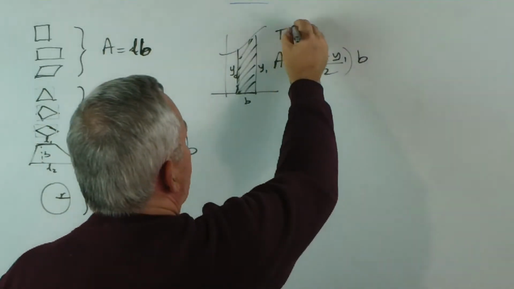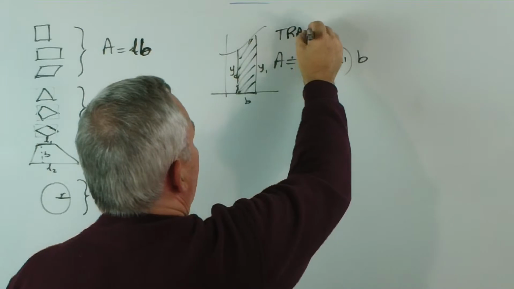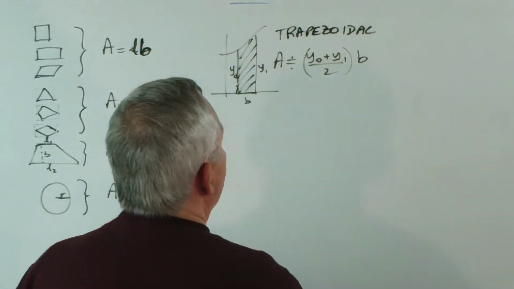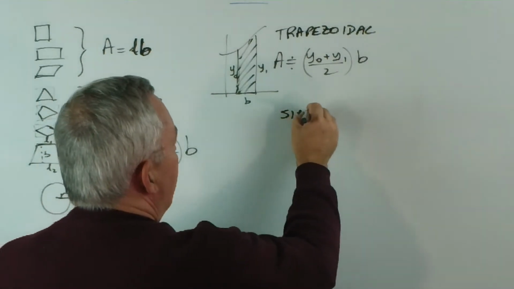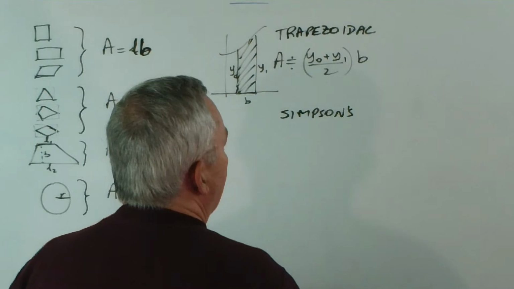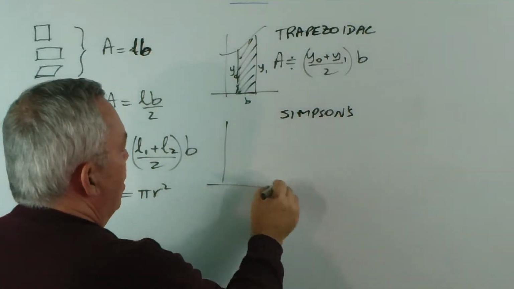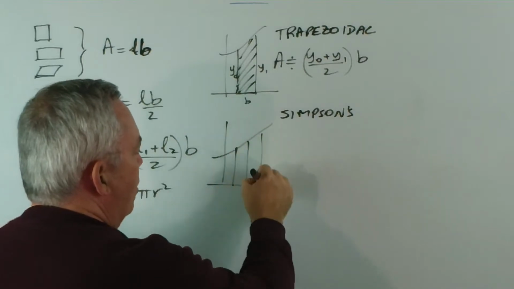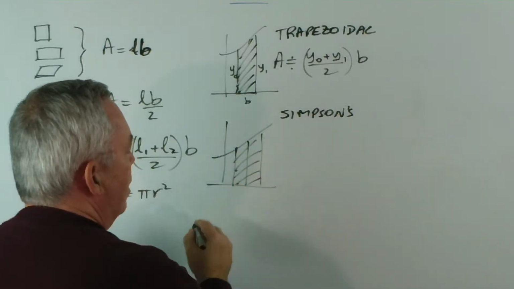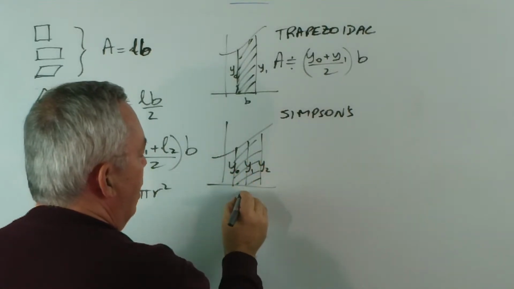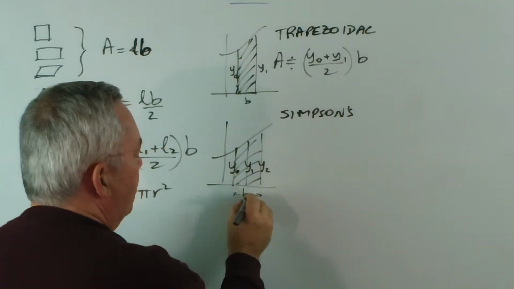So I'll write here trapezoidal rule. And then we looked at Simpson's rule. This time we've got a curve with 3 ordinate values. We'll call them y0, y1 and y2. And again we have the breadth.